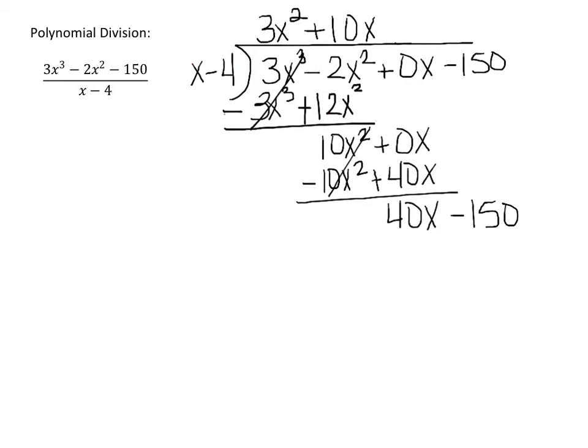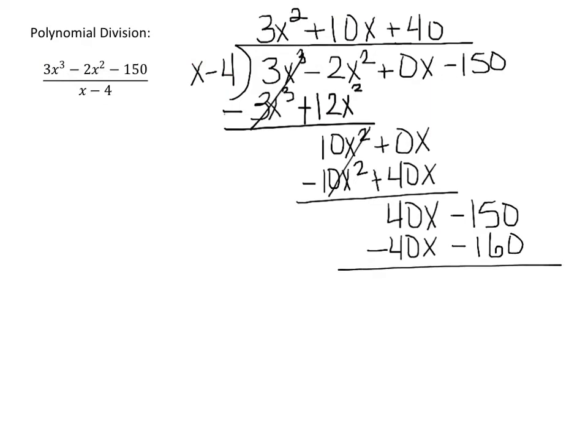And the last time, x times what gives me 40x? That would be positive 40. 40 times x, that's 40x. 40 times negative 4 is negative 160.